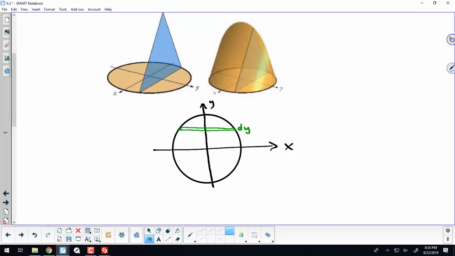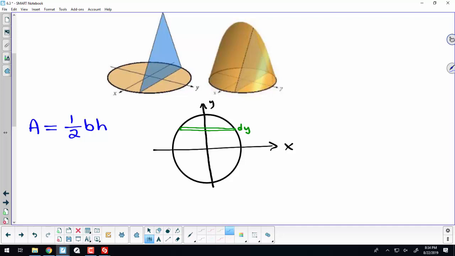Then, determining, all right, well, I'm told that my cross sections are equilateral triangles. So let's just write that out. The area of a triangle, all triangles, is 1/2 base times height. But knowing that I have to put that in front of an integral, and it has to have y's involved, right?